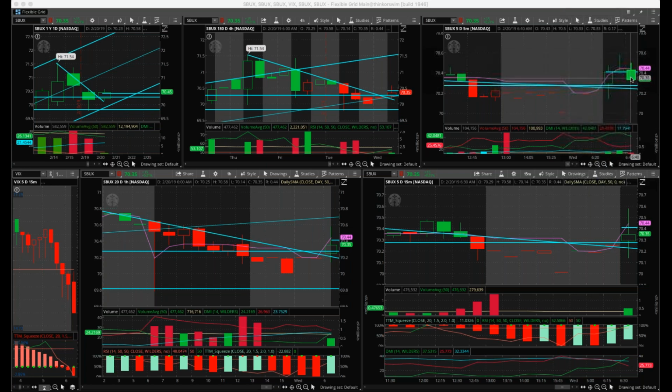So I had to wait for those two to close, and it acted like it wanted to go, but then reversed, and now it's losing this support here. But I also have this support. So if it stays above this support, we still could consider calls.